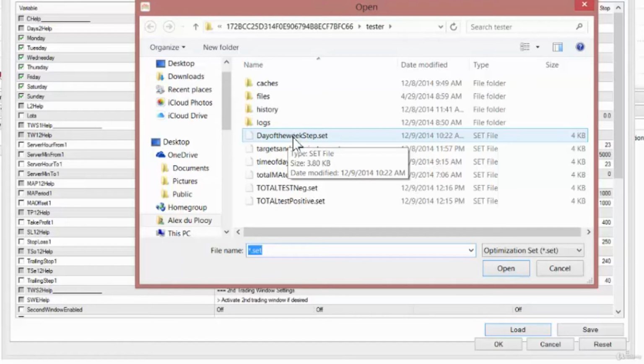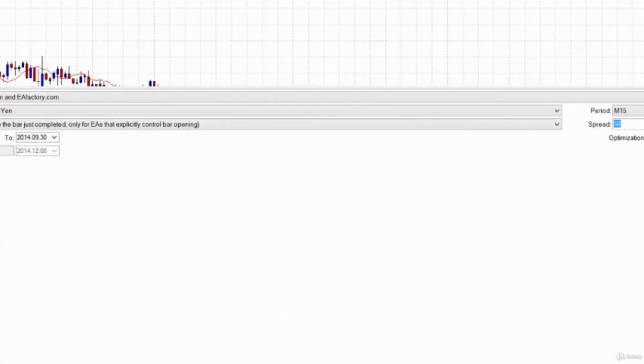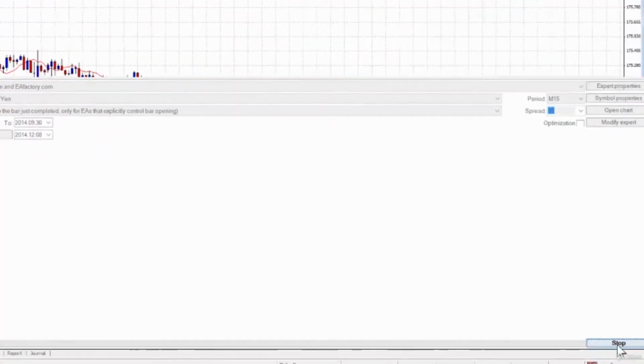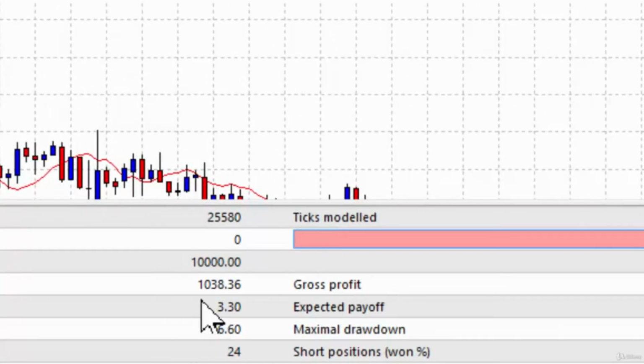That was the last step-by-step test that we did to come up with the just over $1,000 of income. So I'm going to load that into the model, click OK, and just run it to make sure that I've got the right setting. Yes, it's just over $1,000.